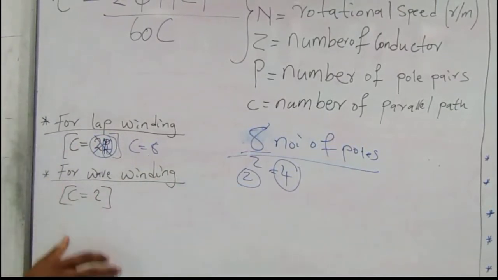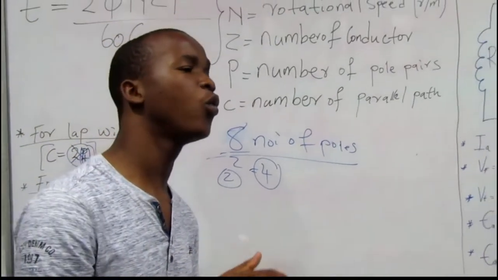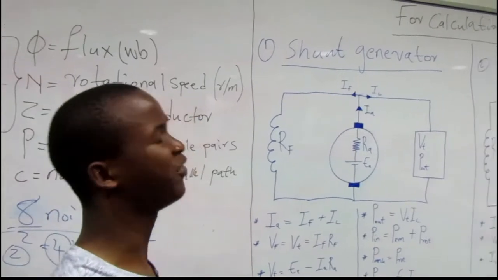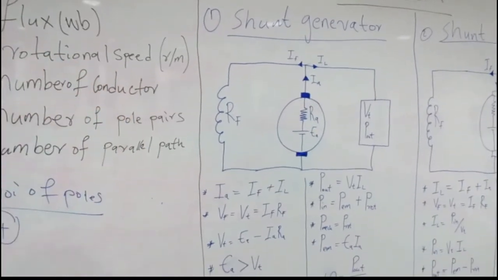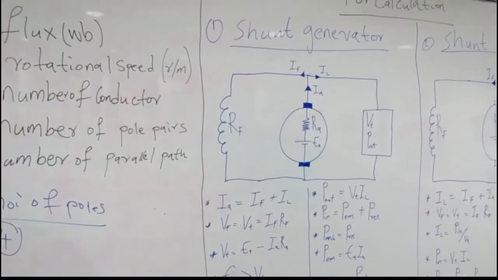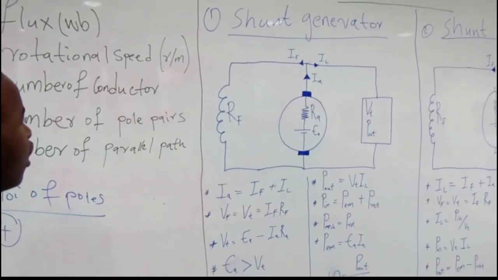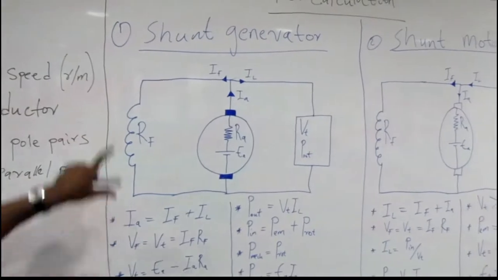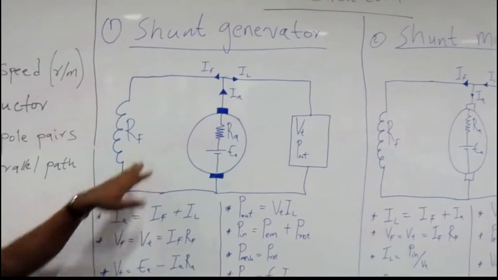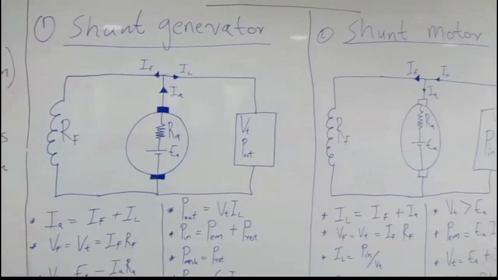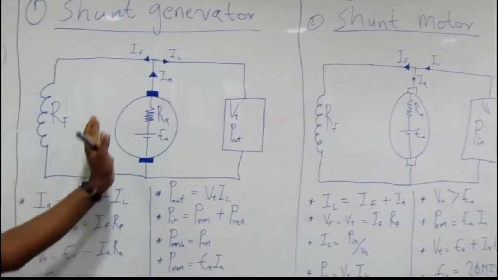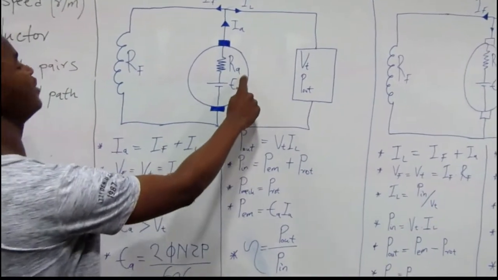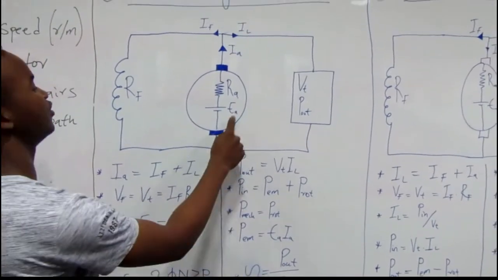Then we come to calculation. In a calculation, we have 3 different types of circuits. But for now, we are going to concentrate on the shunt generator and shunt motor. On the shunt generator, we have this circuit, where RF is the field resistance, and we have the armature, and inside the armature we have the armature resistance and the induced EMF.